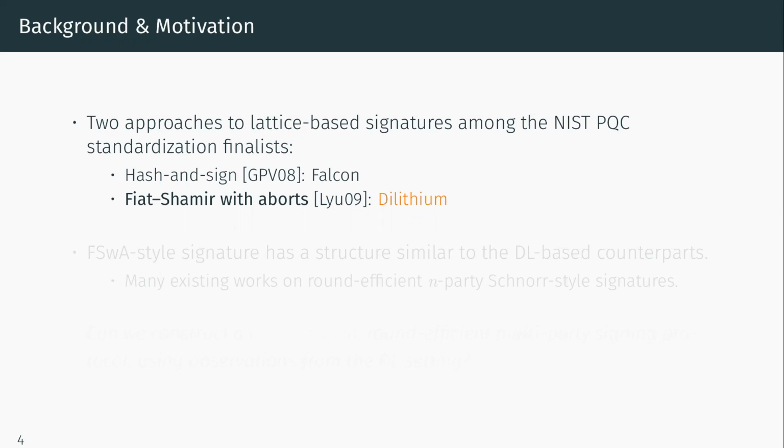And those signatures follow two different major paradigms. The first one is called hash-and-sign, which essentially follows the GPV framework, and Falcon is a concrete instantiation. And the second one, which I'm going to talk about in this work, is Fiat-Shamir with aborts, and Dilithium is an actual instantiation.